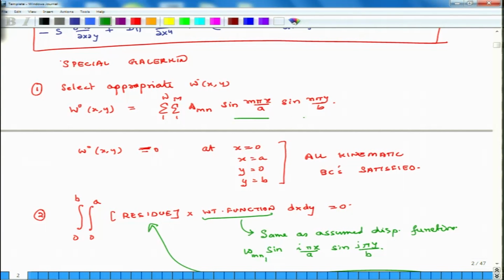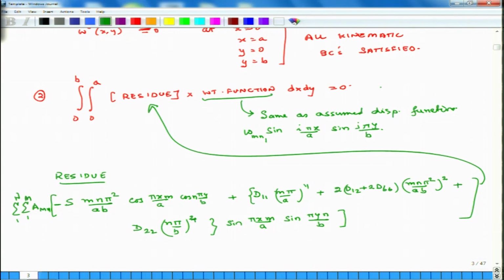We already know these functions. The thing which we do not know is a_mn. So, if m and n are the values, then the total number of unknowns is M times N. What we are interested in finding out is M times N unknowns, which are a_mn: a11, a12 and so on till capital M and capital N. So, what do I do?